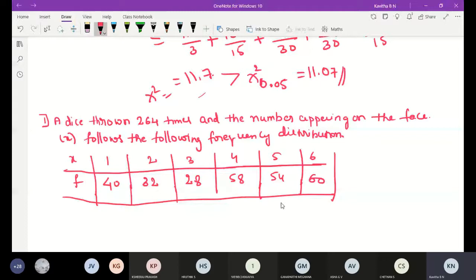The frequencies in the data are 40, 32, 28, 58, 54, the observed frequencies.